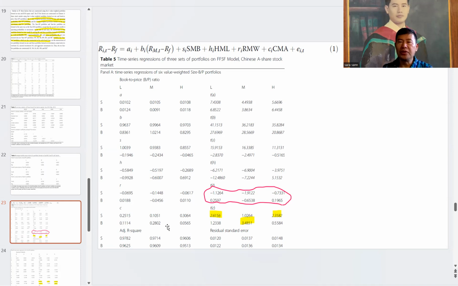Now come to the return on investment. So look at the T statistic. For the return on investment, there are 3, okay?